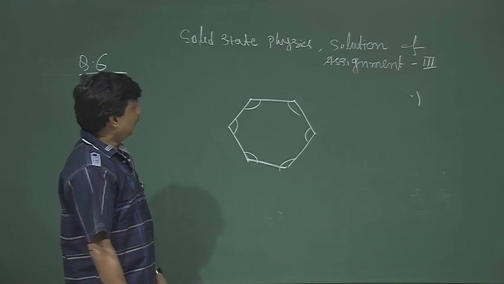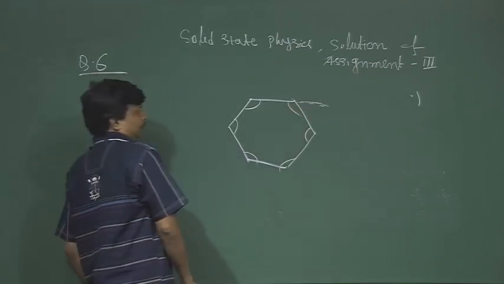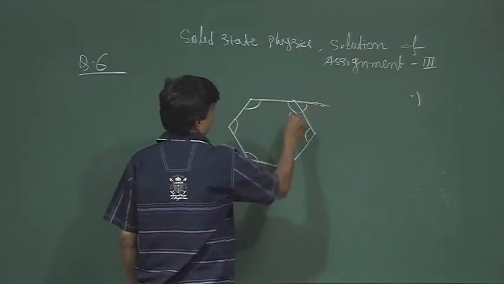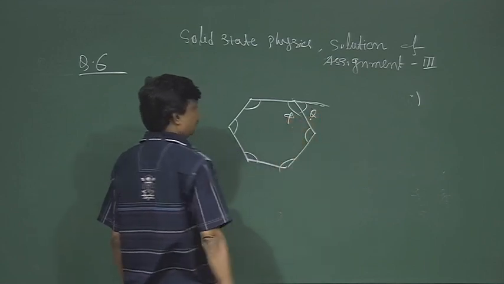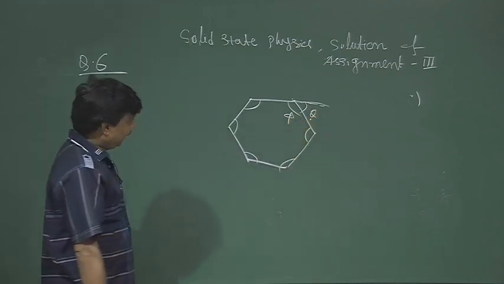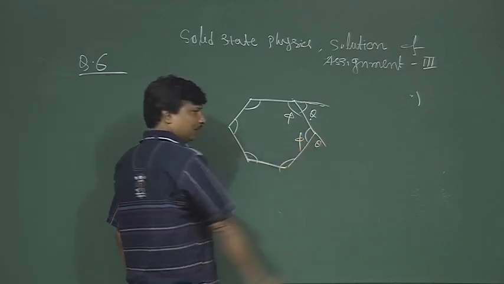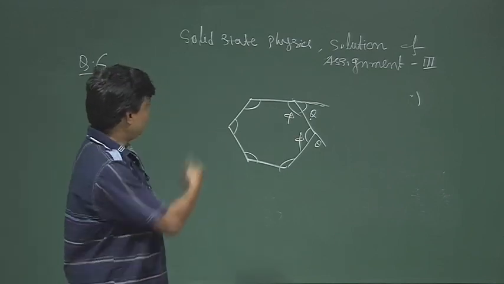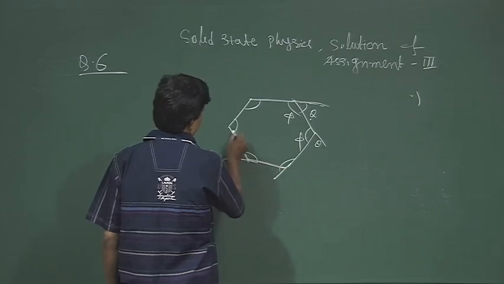So, here what is the angle value that you can easily find? If this is theta and this is phi, then theta plus phi is equal to pi radian, I mean 180 degree. This is also theta and phi, because this is a regular hexagon. So, this way you can calculate the total external angle and total internal angle.